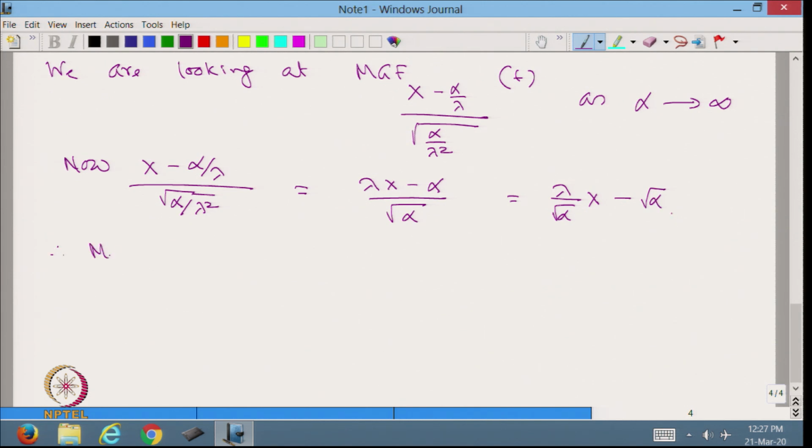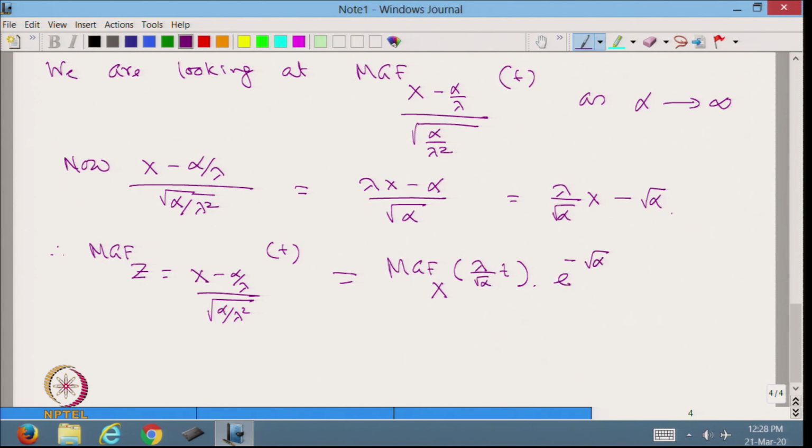Therefore, the MGF of z, which is equal to x minus alpha over lambda upon root alpha over lambda square, at t is equal to the MGF of x at lambda over root alpha t multiplied by e to the power minus root alpha t.